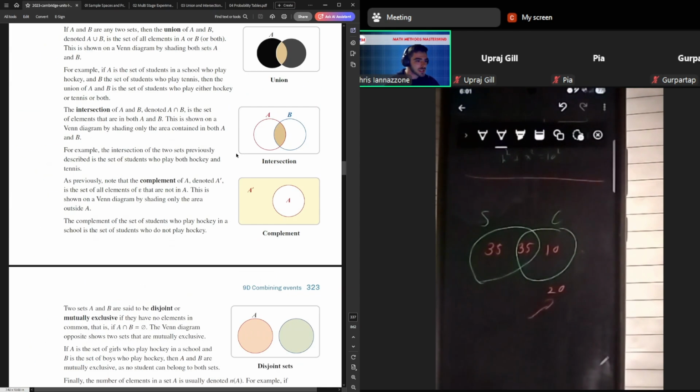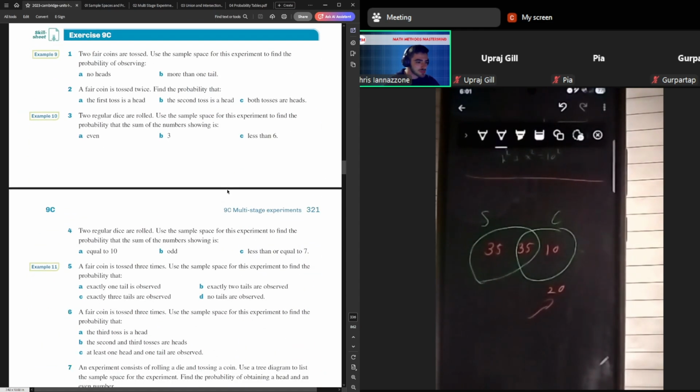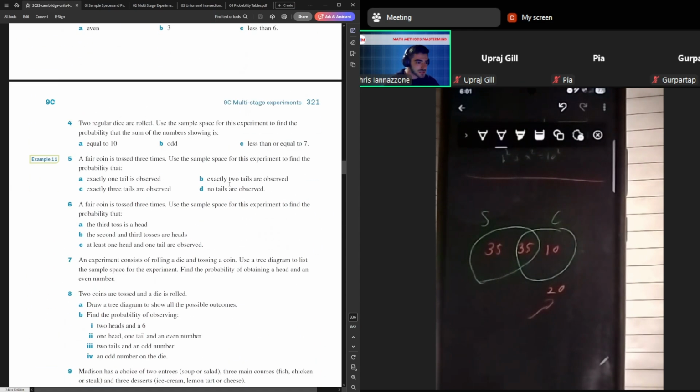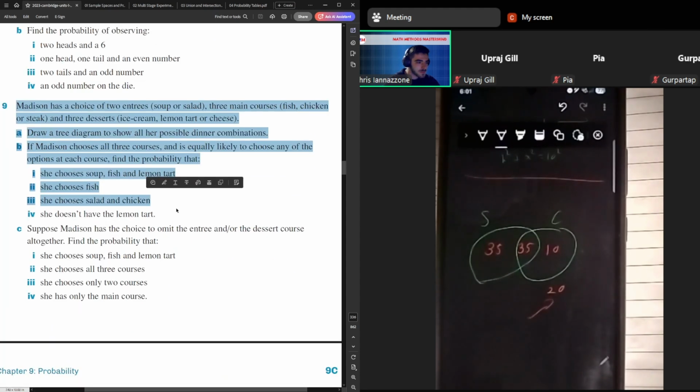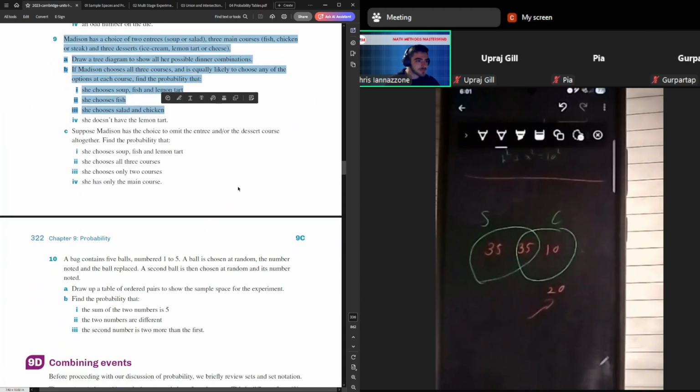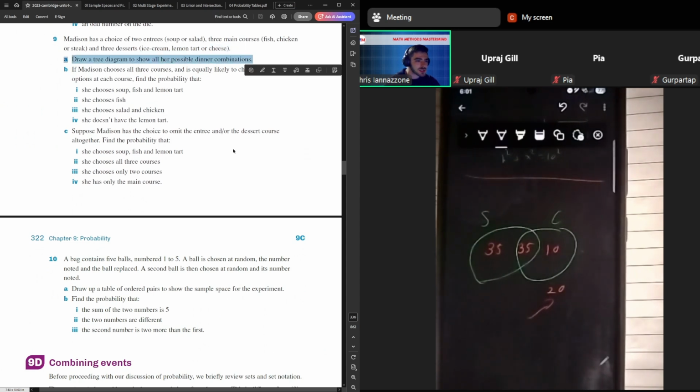Let's move it back a touch so we can do some of the multi-stage stuff. Let's see what would be any good. So many coin tosses. Yeah, maybe this one actually. I remember these being kind of interesting. So have a read of question 9 and we'll start getting a tree diagram sorted.